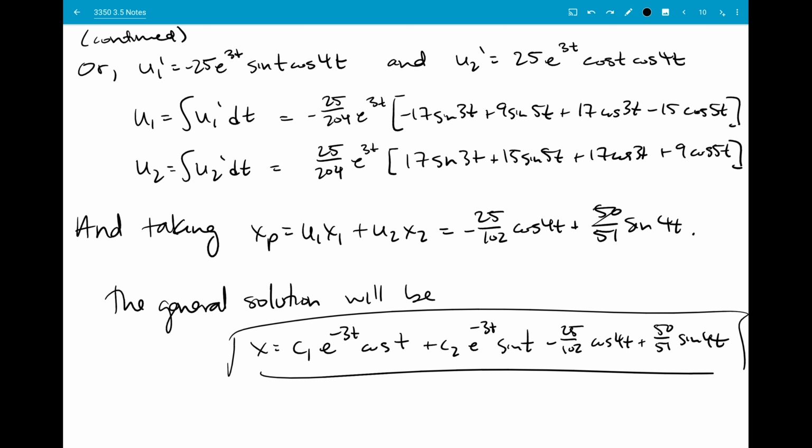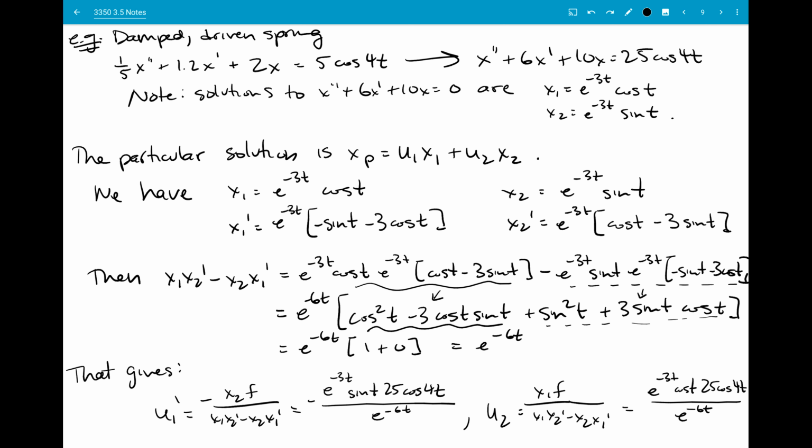And personally, I think the calculus associated with undetermined coefficients would be easier in this case than the one that we have to use variation of parameters for. But that's just down to personal preference. And if, for example, the roots of this equation had been the same as giving us cosine 4t, then undetermined coefficients would probably be harder.